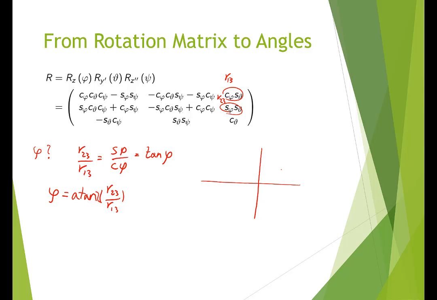Assume we have this angle, call it theta, and this has a value of, let's say, 0.5, 0.2. What is theta? Theta would be arctangent of 0.2 divided by 0.5, right?